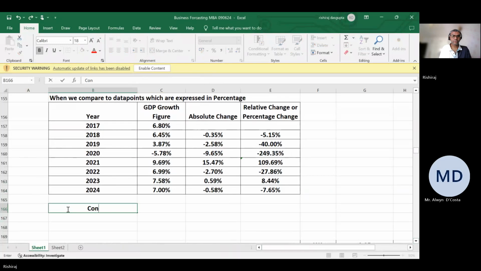So the concept of basis point and percentage point.